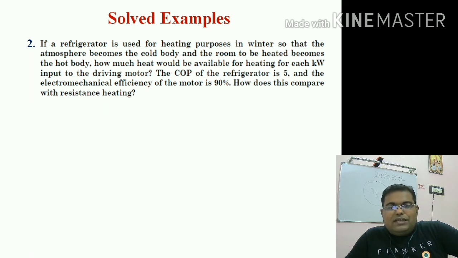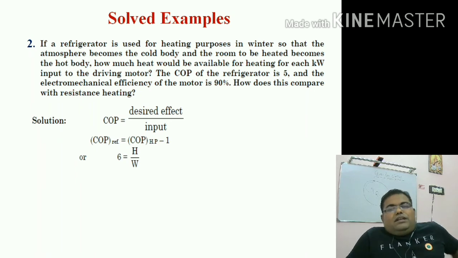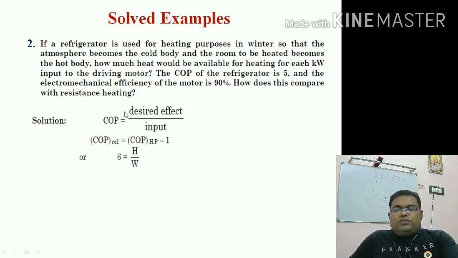Another thing is that the electromechanical efficiency of the motor is given, so the work available to be supplied will be calculated based on the electromechanical efficiency. Coefficient of performance is nothing but desired effect divided by input. So the COP of the refrigerator is the COP of the heat pump minus 1, or the COP of the heat pump is the COP of the refrigerator plus 1. The COP of the refrigerator is given as 5, so we can say 6. This is the desired effect, heat, and this is the work input.